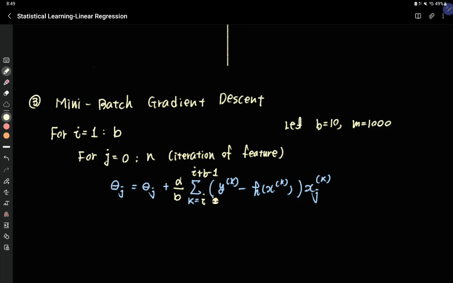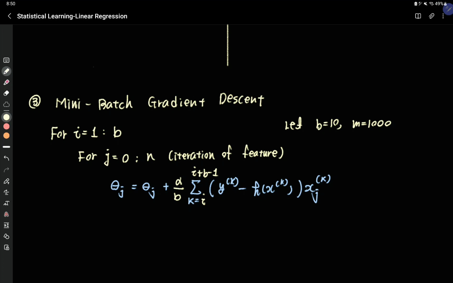Before, we took the sum of all the errors, but now we only take a partial sum, from i to i plus b minus 1. So we update the parameter theta j by taking not the whole sum of the errors but a partial sum. That's the difference between mini batch gradient descent and batch gradient descent.